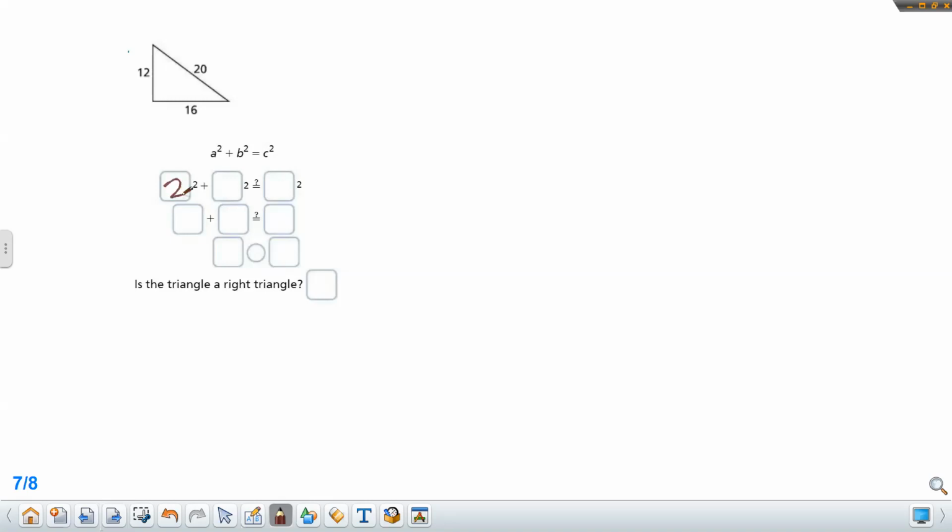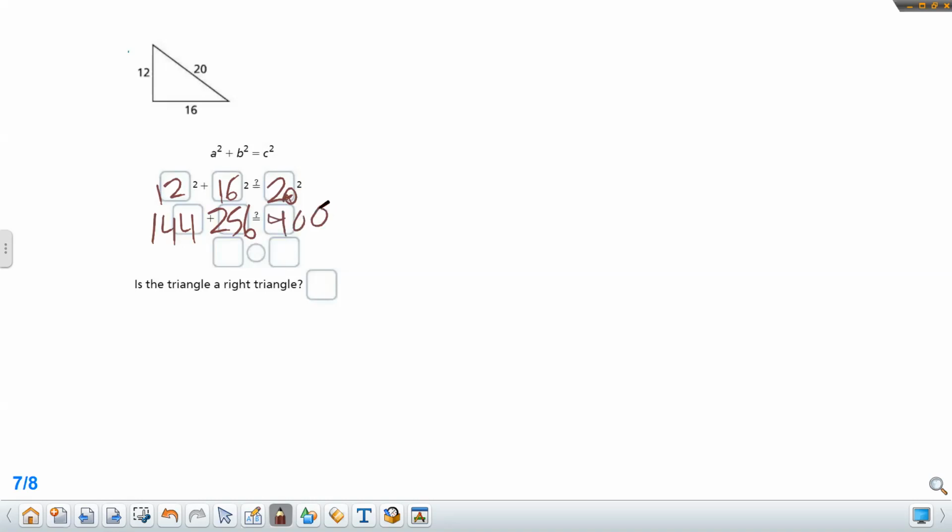So we can say 12 power 2 plus 16 power 2, equal or not to 20 power 2? 12 power 2 is 144, 16 power 2 is 256, and 20 power 2 is 400, which is 20 times 20.